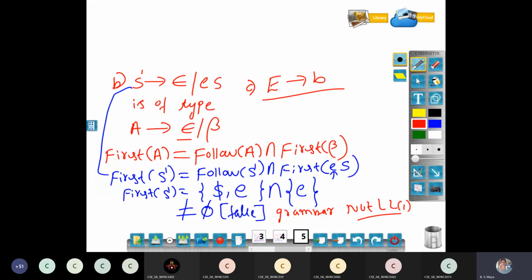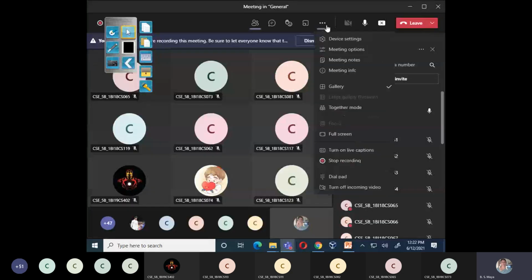But for the third one there are no alternatives, so there is no need to apply the formula for empty symbols. Then I can conclude the given grammar is what? Not LL1. The given grammar is not LL1. Clear?